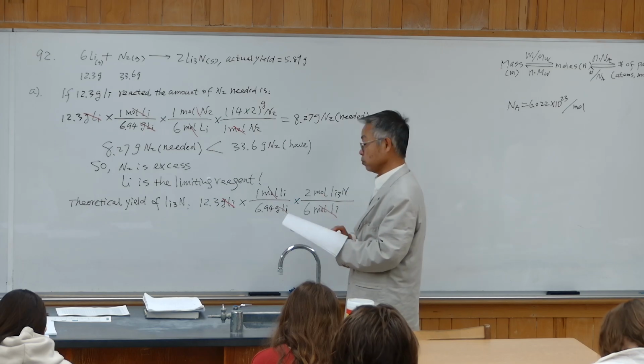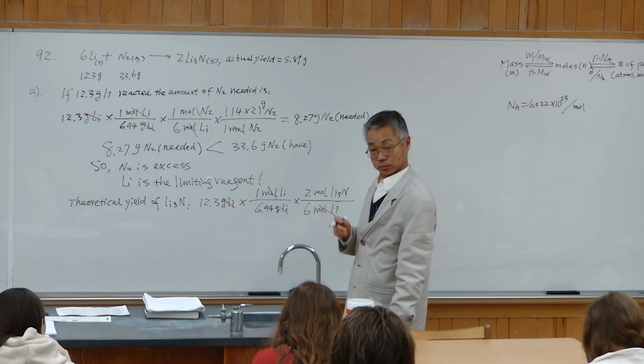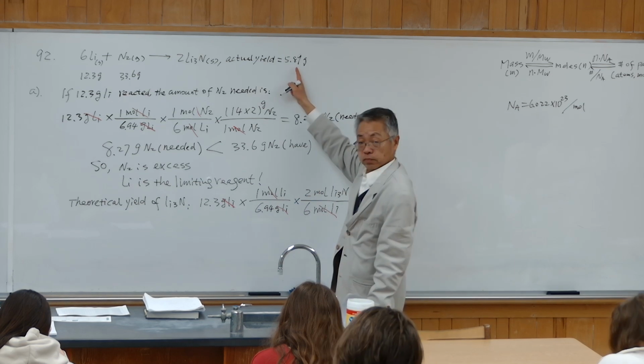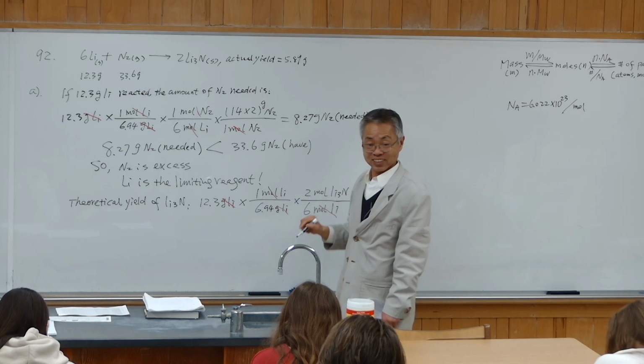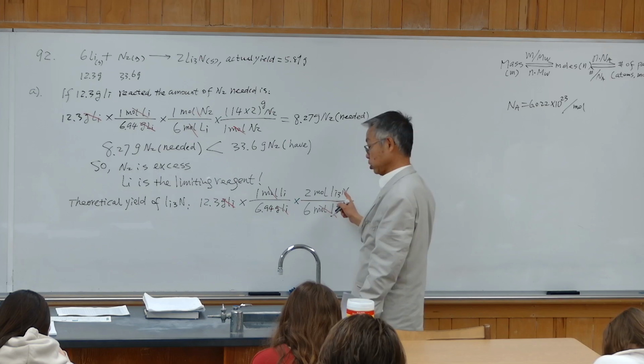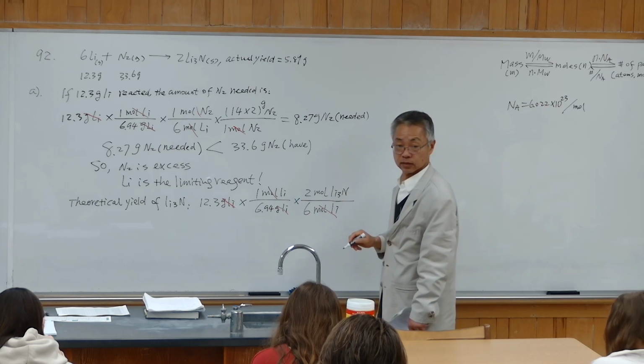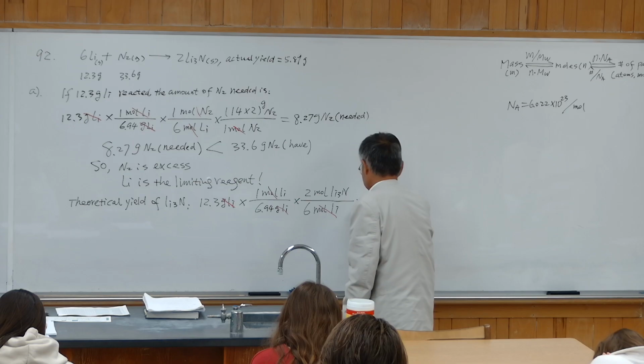So we get mole of lithium nitride. Theoretical yield or actual yield is always mass, not mole, so we need to convert mole to mass by multiplying by molar mass.